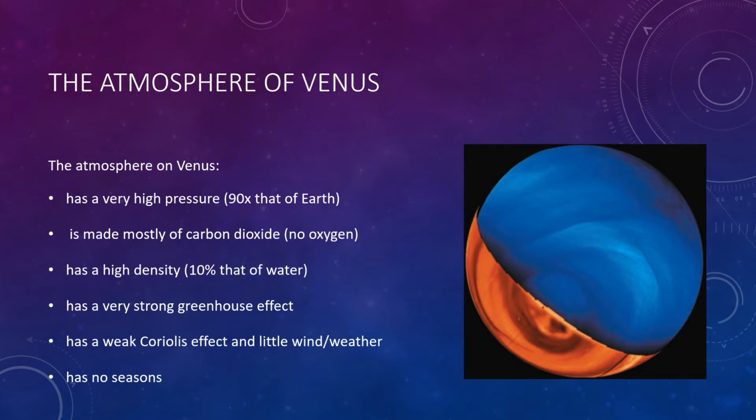The droplets sometimes fall through the upper troposphere as sulfuric acid rain, but they evaporate at least 30 kilometers above the surface. Moreover, high-altitude winds circle the planet in just 4 days, much faster than the planet's 243 Earth-day rotation. No one knows why these fast winds blow, but they are responsible for the dynamic cloud patterns visible in the photograph on the right.